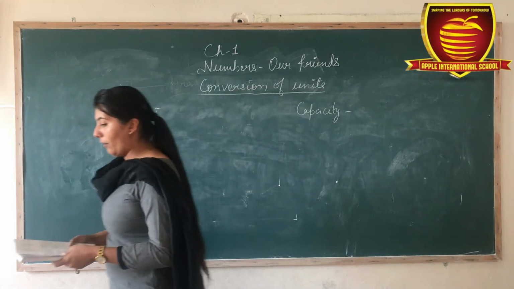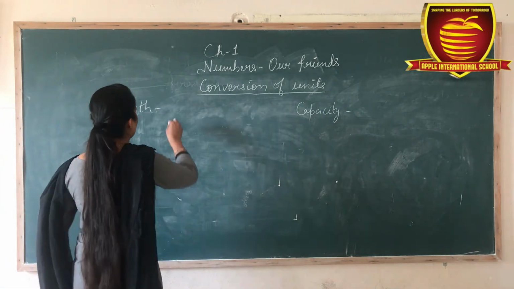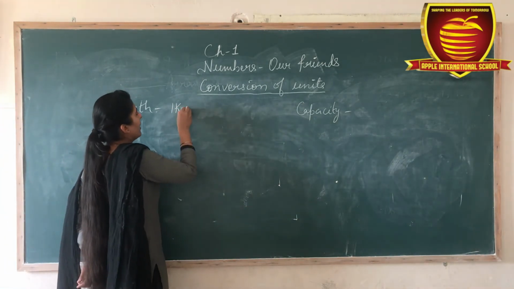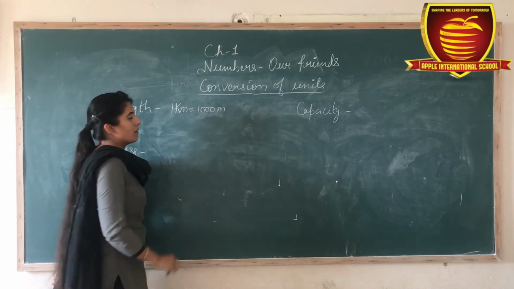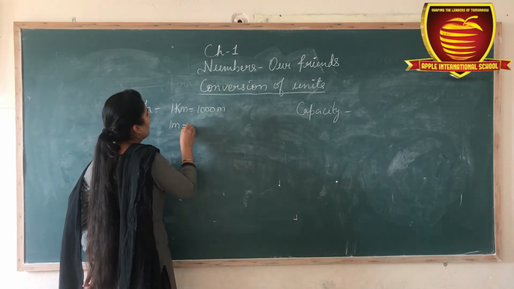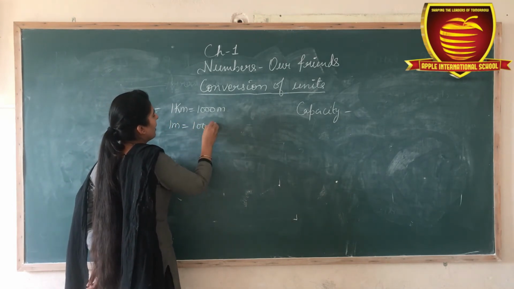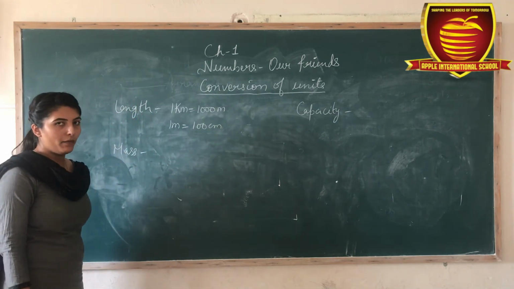If we talk about the length measurements, we all know that 1 kilometer is equal to 1,000 meters. In 1 meter there are 100 centimeters.